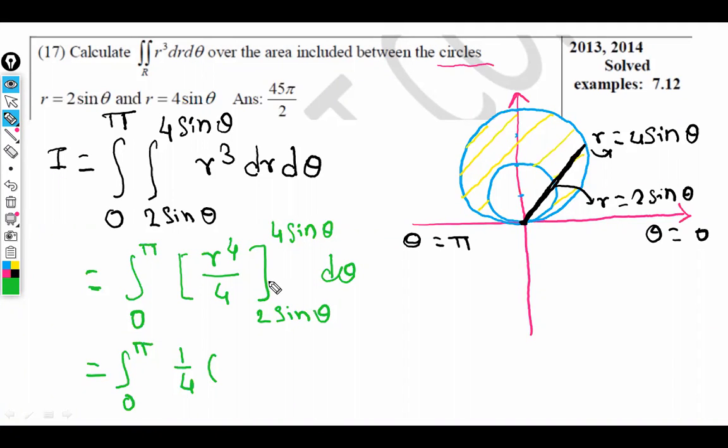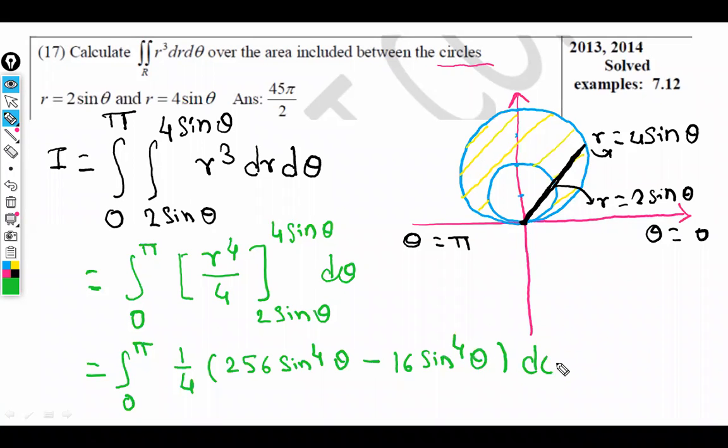What is the replacement? Writing the limits: 4 raised to 4 is 256, so 256 sine raised to 4 theta, minus 2 raised to 4, which is 16, so 16 sine raised to 4 theta d theta.